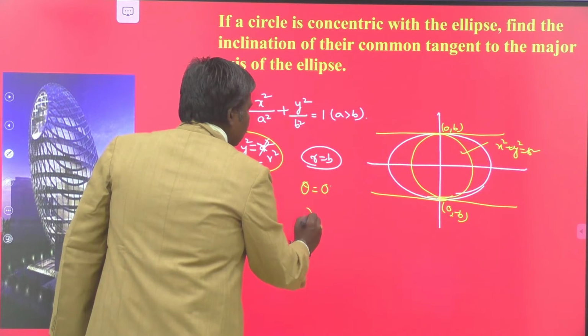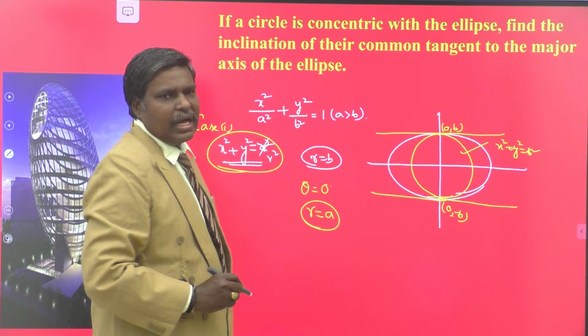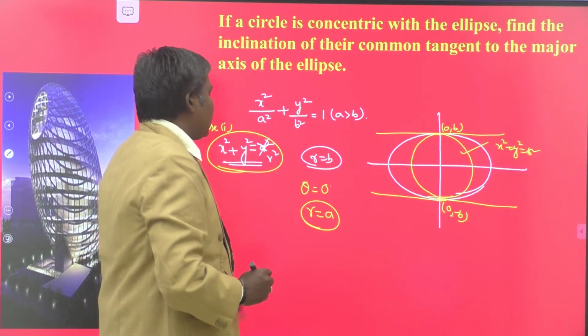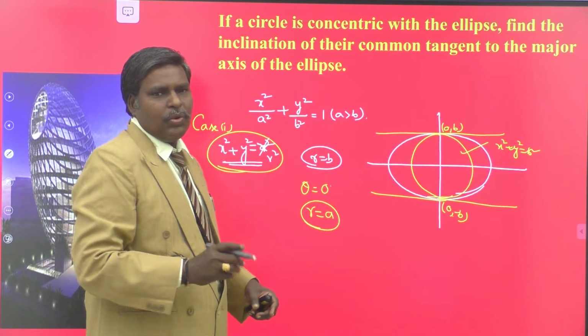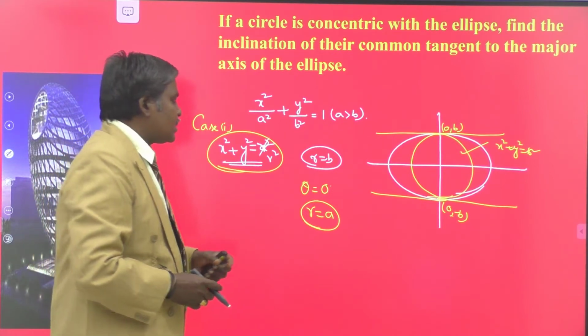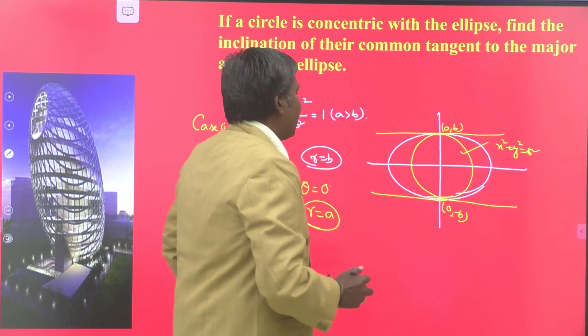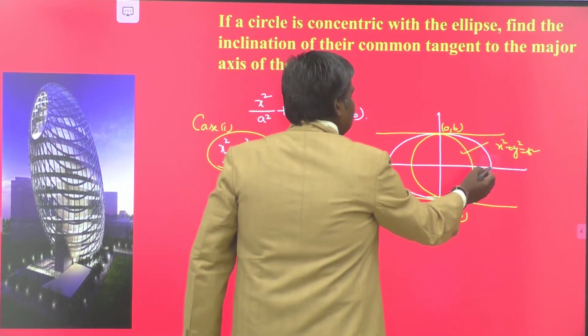Suppose r is equals to a. Let your r is a. That means radius of circle is a. We get the auxiliary circle. That means the circle described on origin as center and a as radius. We get the circle in this manner.